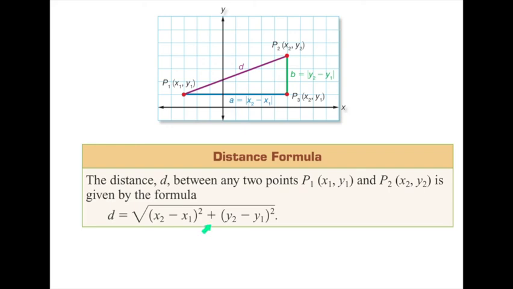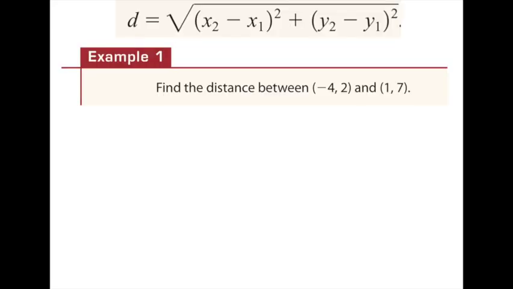I will say the biggest problem people get is they forget this is a plus, not a minus. So remember, it is a squared plus b squared. While you subtract within it to get the distance between the two x's, you always add those two groups that you have squared, all right? So it's really easy to find the distance when you have 2 points. You literally just plug them in.